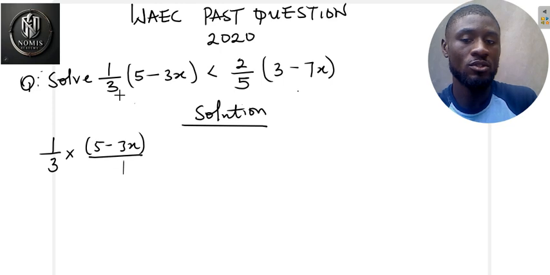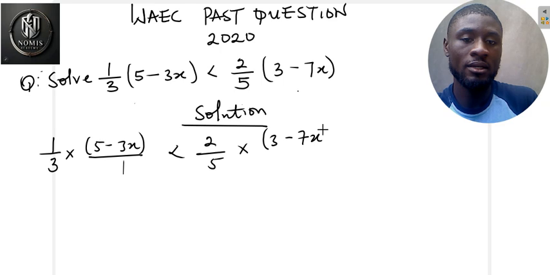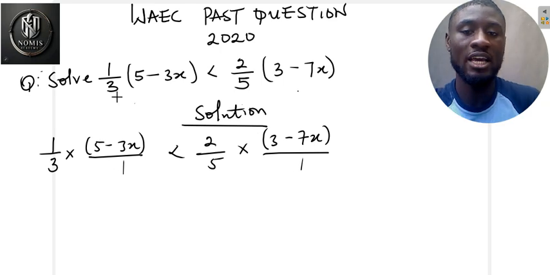So it's the same thing. Less than 2 over 5 multiplied by (3 minus 7x) over 1. So it's the same thing. So this is what it means. So don't get confused about multiplying this by everything we have in the bracket. This 1 multiplies everything at the top. This denominator multiplies everything down.